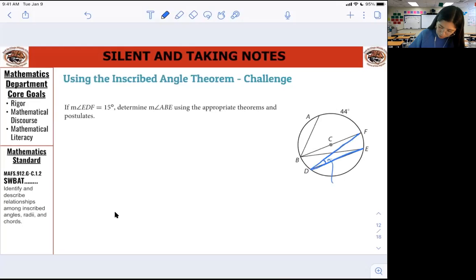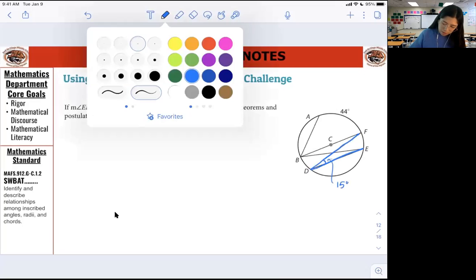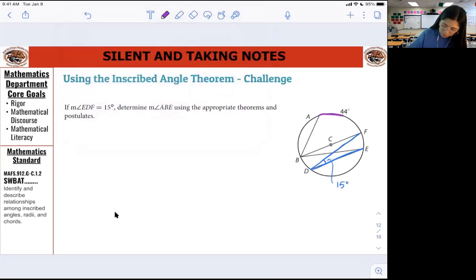Notice it tells us that AF is 44 degrees.